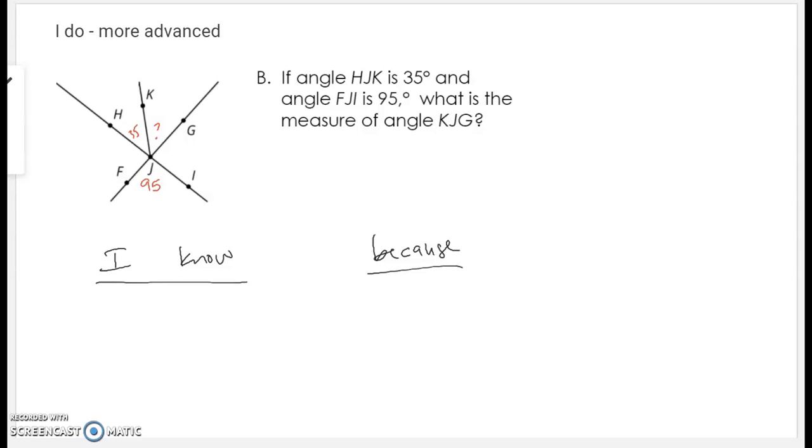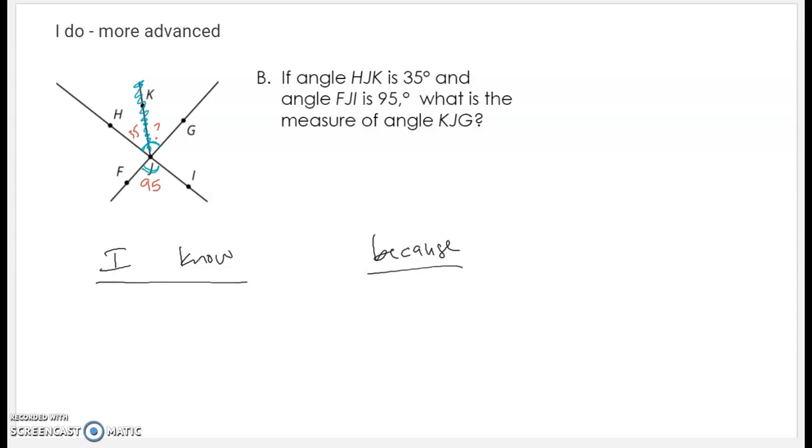If I ignore this segment JK for a minute and look at this full angle and this full angle right here, those are vertical angles together. If that weren't there, those would be vertical angles because they're on the opposite two sides of where two lines intersect.